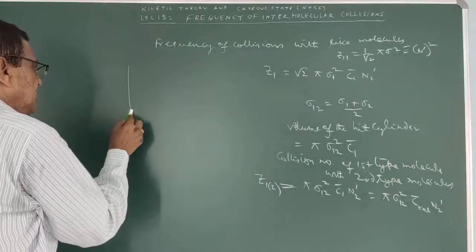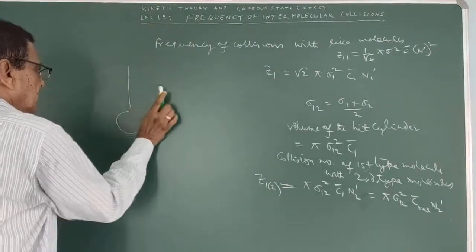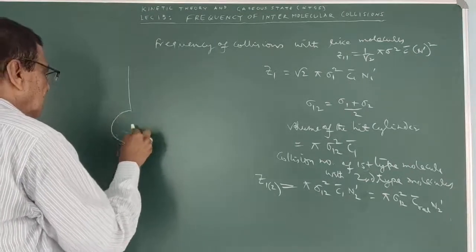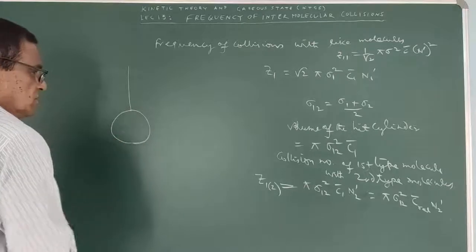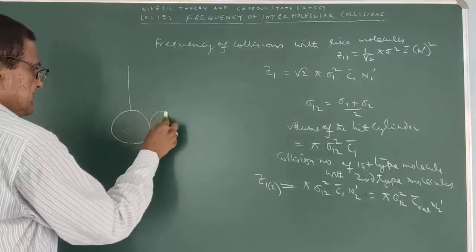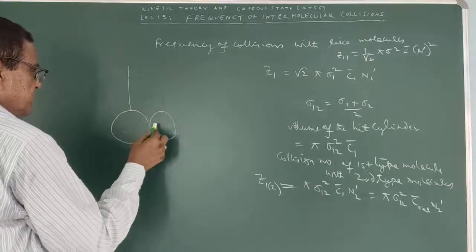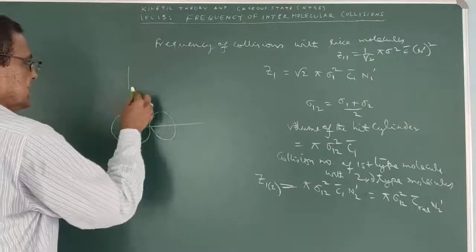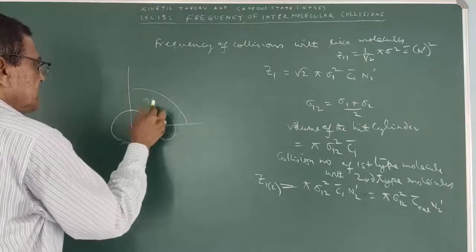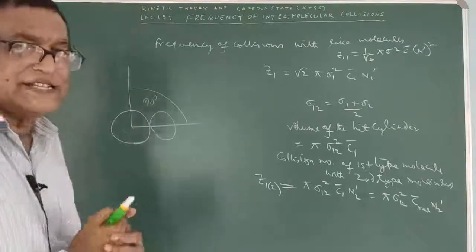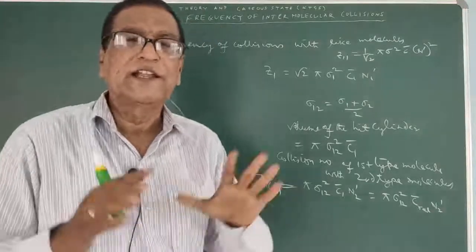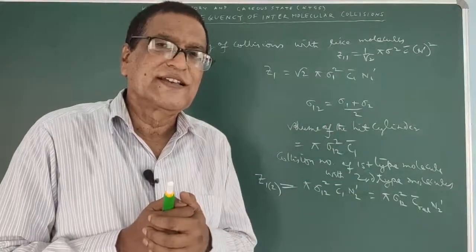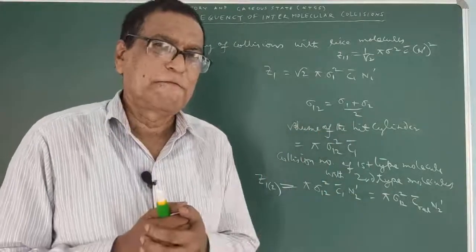As you have, this is the first type molecule and this is the second type molecule, and this angle is 90 degrees, taking an average angle of collisions between head-on collisions and side-on collisions.